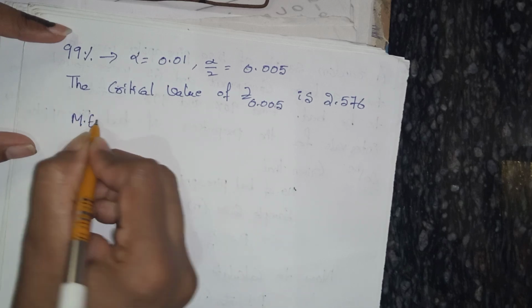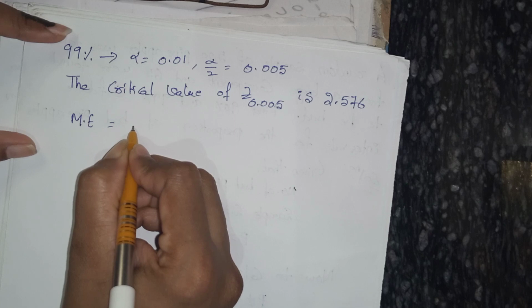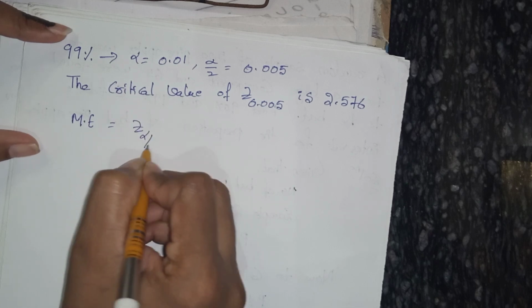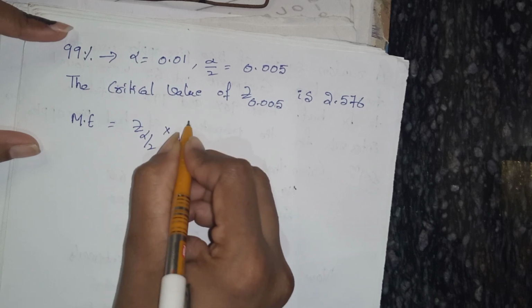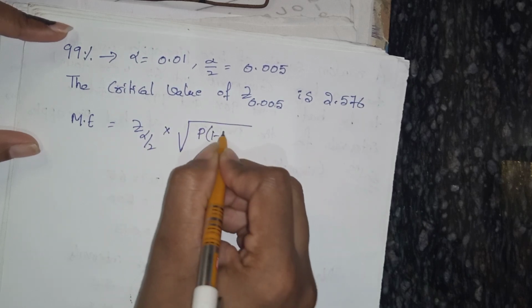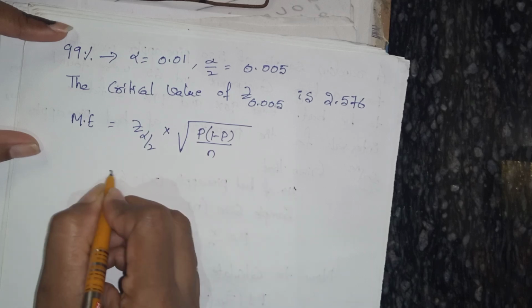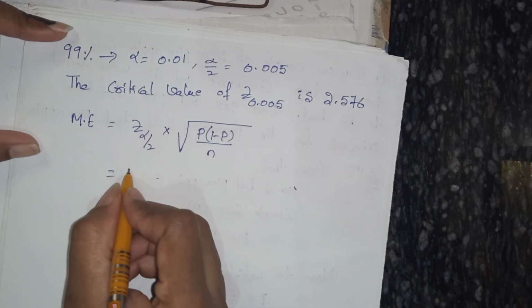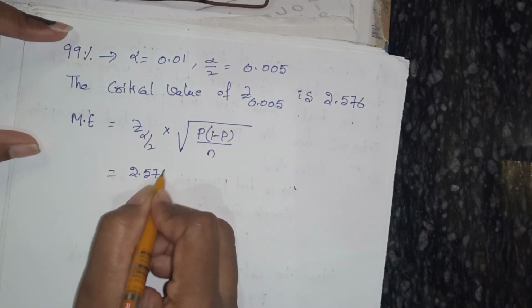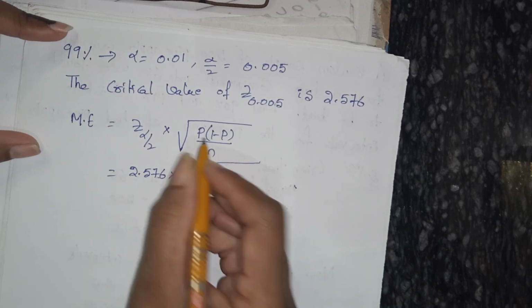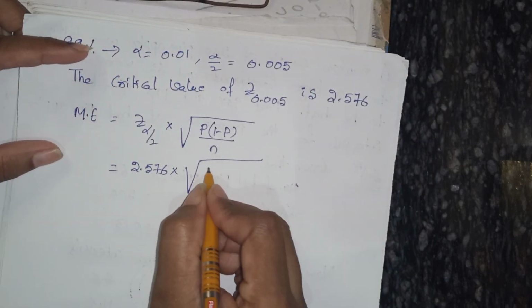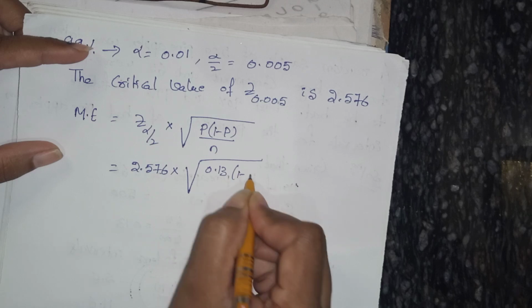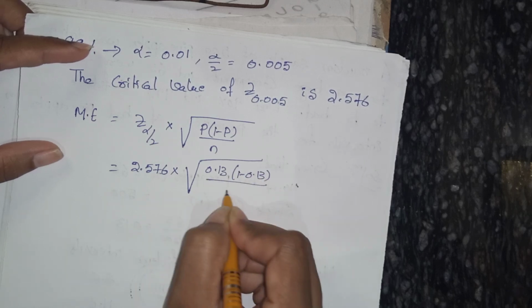The margin of error equals Z alpha by 2 into square root of P into 1 minus P by N. So Z alpha by 2 is 2.576 into the square root of P, where P here is 0.13, so 0.13 into 1 minus 0.13 divided by N.